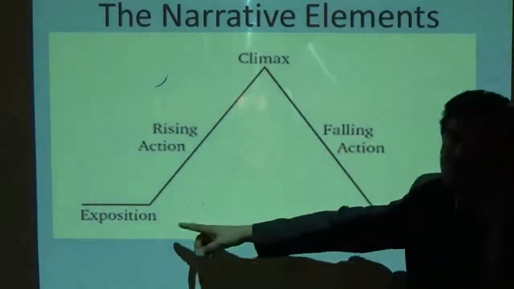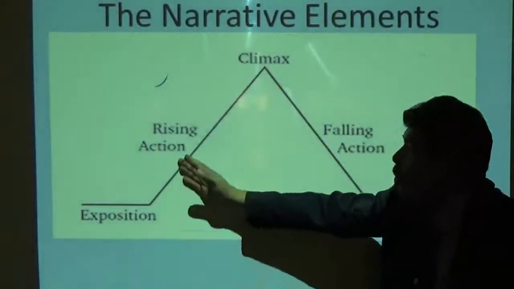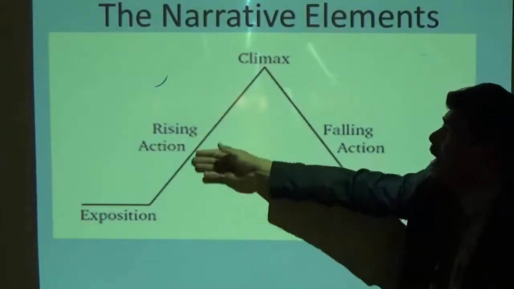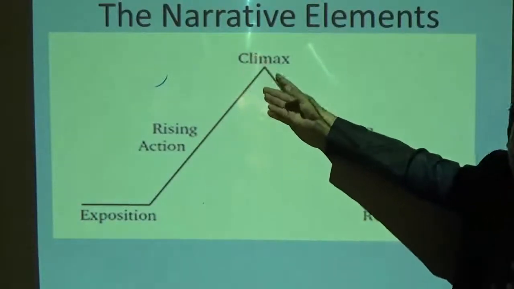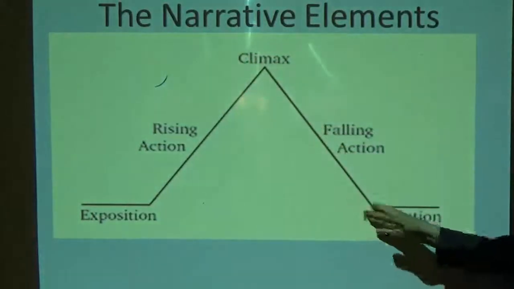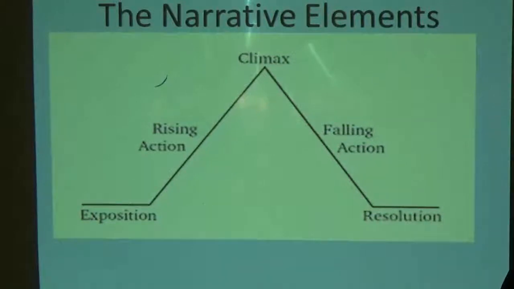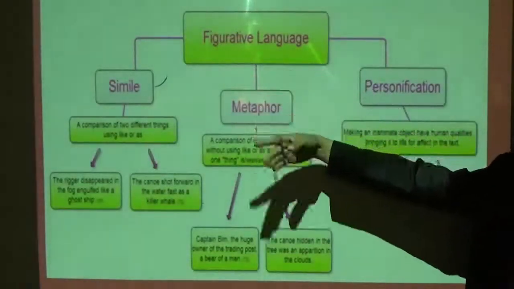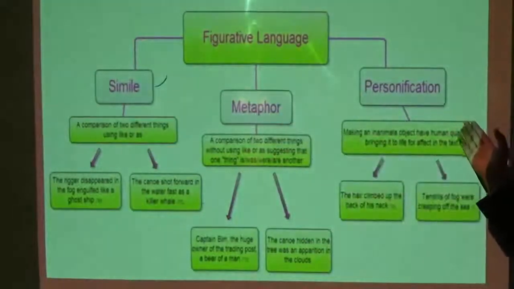You must have the exposition, the start. Then you go up with your actions to reach the climax. That's the most important part of the story. And then you go back using the following actions with the resolution. Also, try to use figurative language when you write: simile, metaphor, personification.